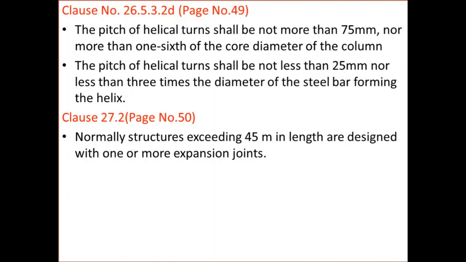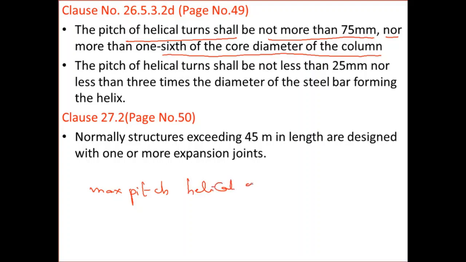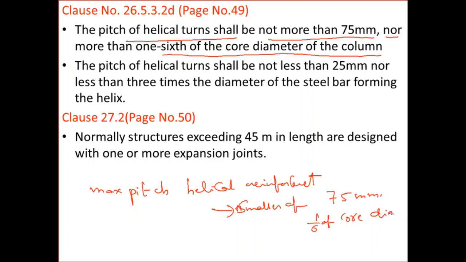Then if you take the helical reinforcement, the pitch of the helical turns shall not be more than 75 mm nor more than 1/6 of the core diameter of the column. So the maximum pitch of helical reinforcement should be the smaller of 75 mm or 1/6 of the core diameter.